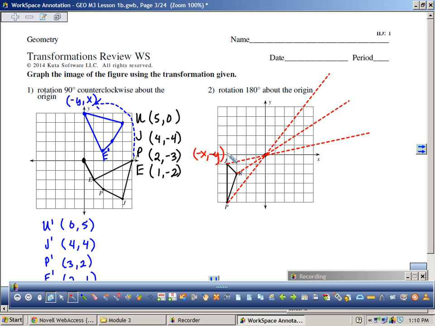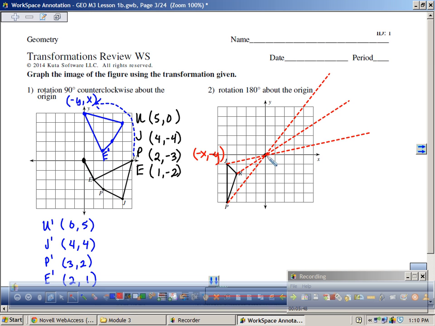Well, if I had to go up 1 and over 4, I must have to go up 1, over 4 on the other side. Did it match up? Here, up 2 over 3. That one matches up there. This one, up 5 over 4 matches up there.